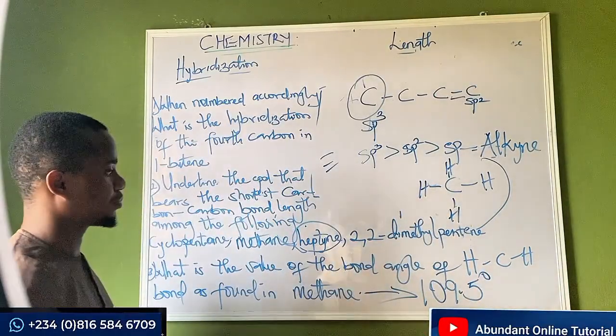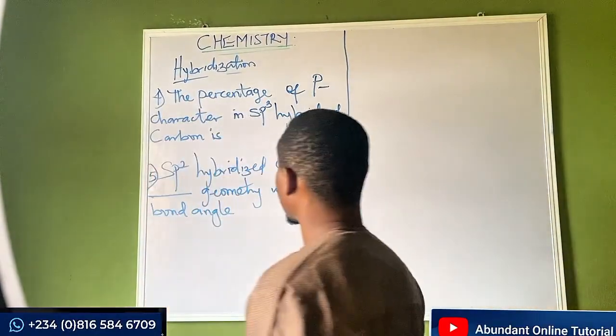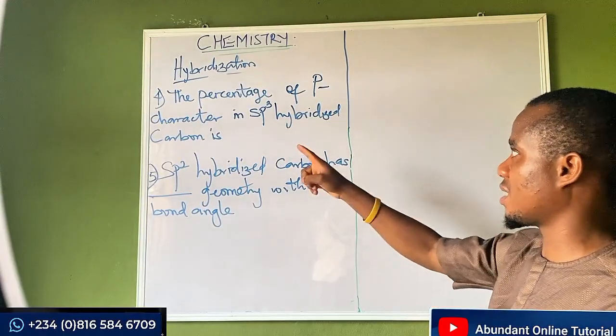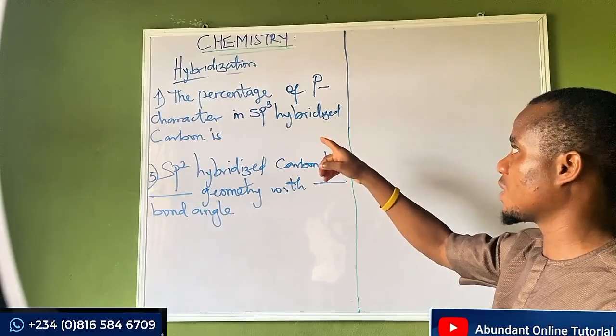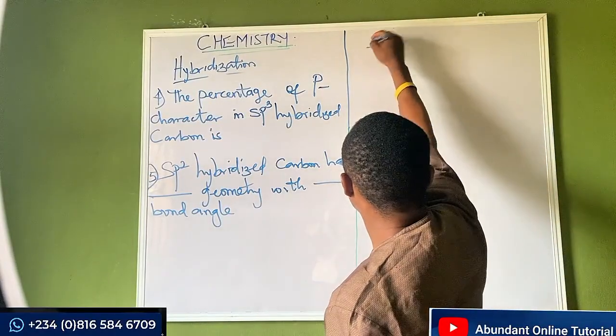Thank you. This is another question, question 4 and 5. Looking at this question, it says the percentage of P character in sp3 hybridized carbon is. Now let's solve it. Solution.